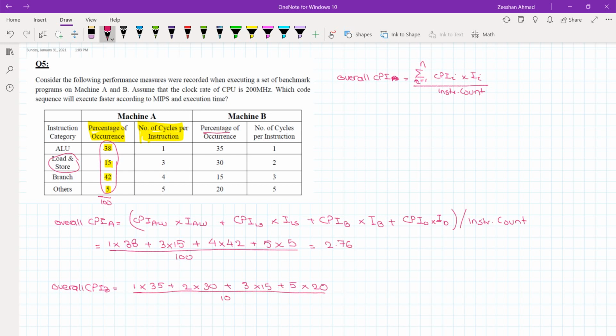The value I obtained was 2.4. So the overall CPI for machine B is 2.4.